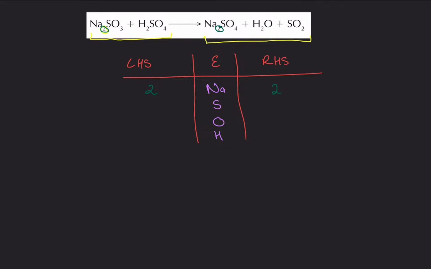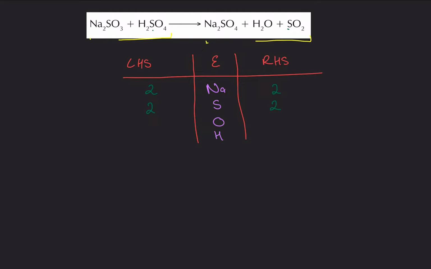Now looking at the other elements, we can figure out which one's which. The sulfur, we have only 1 here and another 1. So we have 2 on the left-hand side, 1 here and 1 here, 2 on the right-hand side. Okay, then we're going on to oxygens.